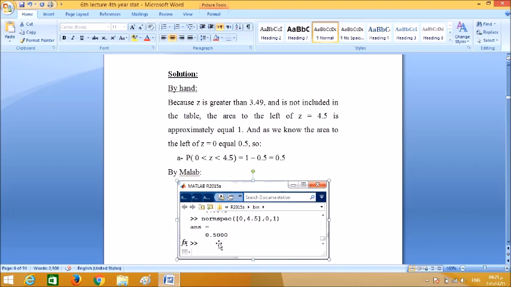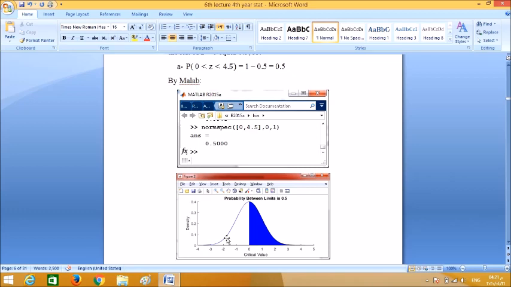So the probability equals 0.5, like this, okay, 0.5. This one from 0 to 4.5, this area from here to here, okay.